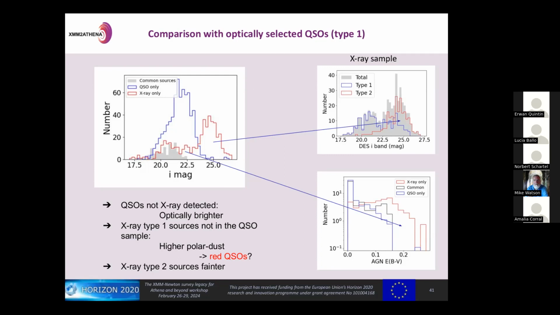So this is an indication for red QSOs. But this is on the basis of optical color or something like that? No, this is based on the SED fitting. But the SED fitting in the end is on rest frame optical color or UV color or something. It's the shape of the SED in the rest frame UV and optical. Okay, thank you.